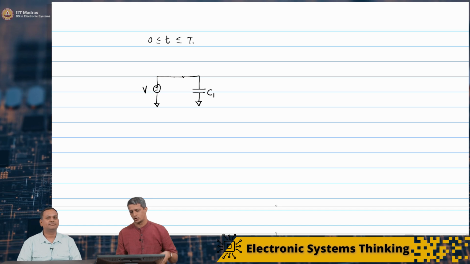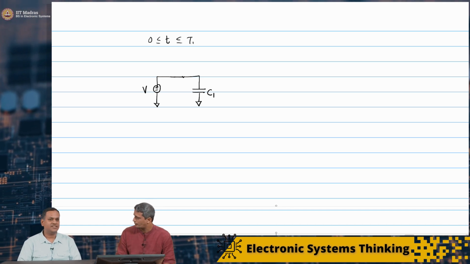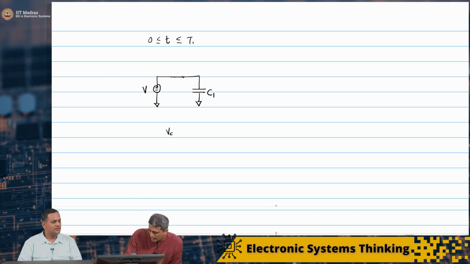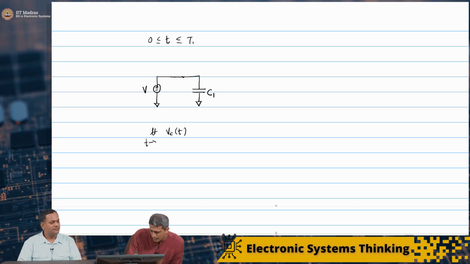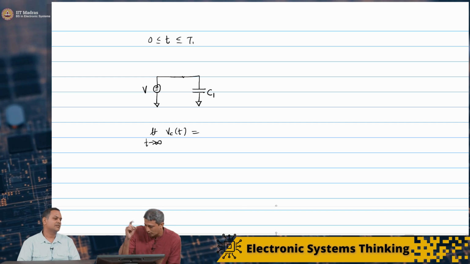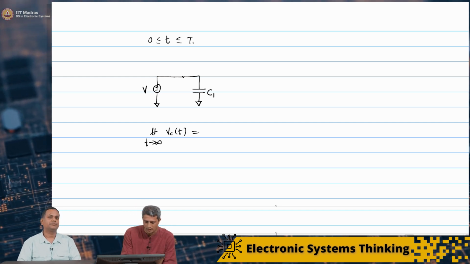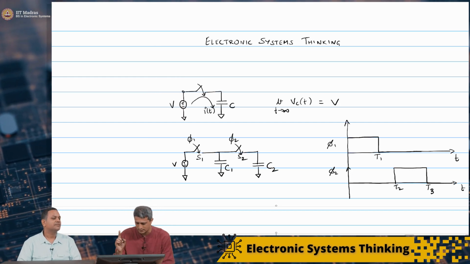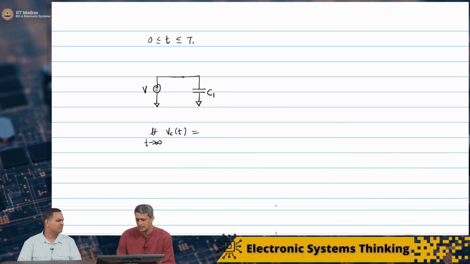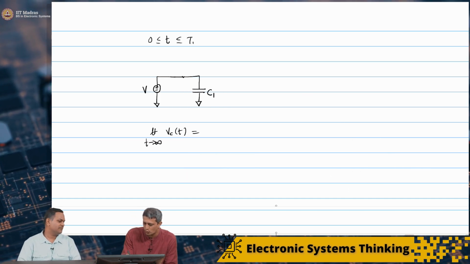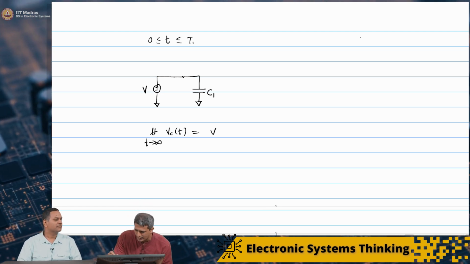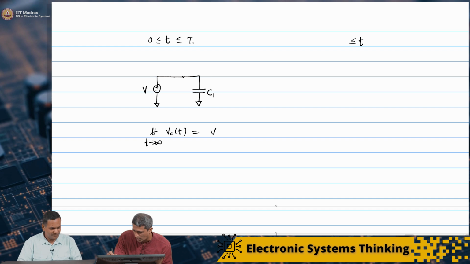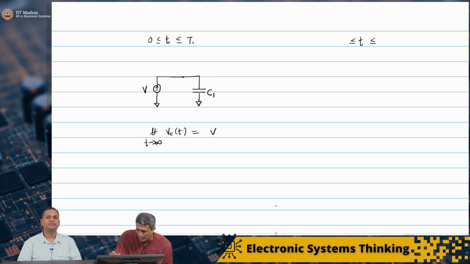This is the equivalent circuit, and if I ask you the question, Vc of t as t tends to infinity, the steady state value on the capacitor, assuming T1 is large enough, this is going to go to V.